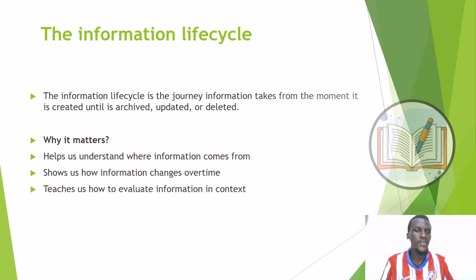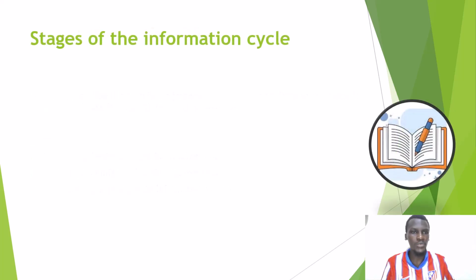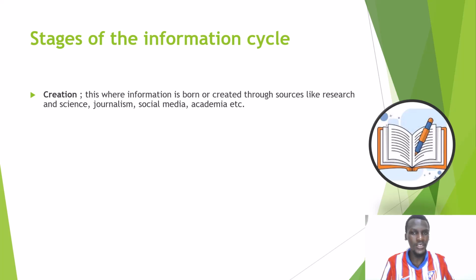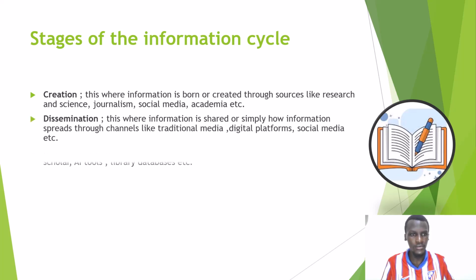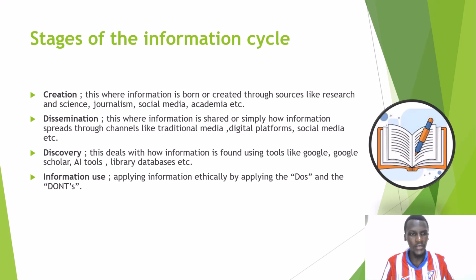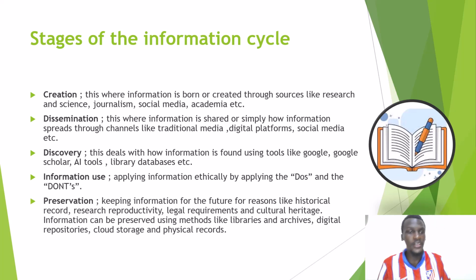All right. So let us move to the stages of information. There is creation, whereby information is born or created through sources like research and science, journalism, social media, and academics. I believe that one is self-explanatory.